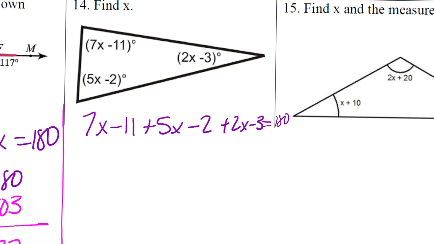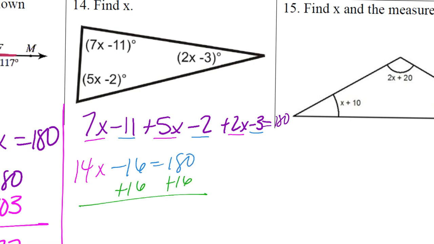All right. Combine my like terms. 7x, 5x, and 2x gives me 14x. Combine my numbers. Negative 11 minus 2 is negative 13. Minus 3 minus 16 equals 180. Now we solve. Add 16 on both sides.